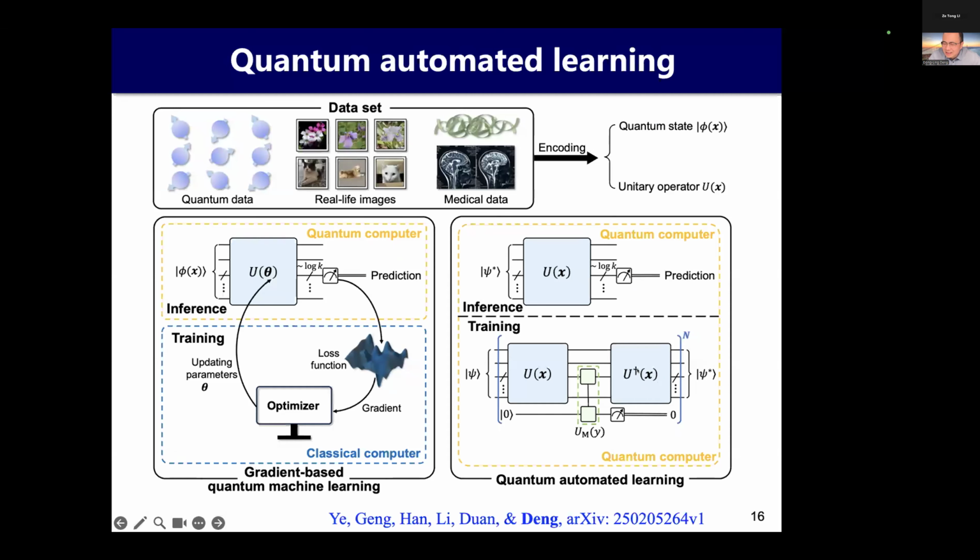Then you can see this UX dagger and the UX basically cancel with each other, right? So you only have the information about a single sample, which is not enough for the training. That's the intuition why we should go to the average.